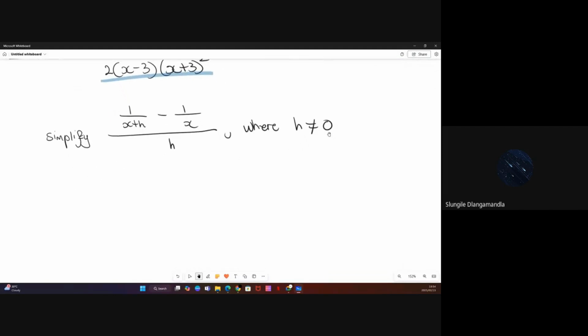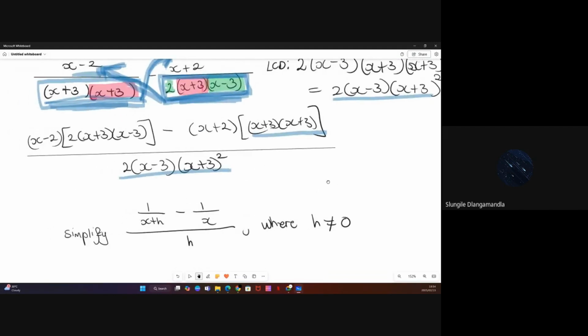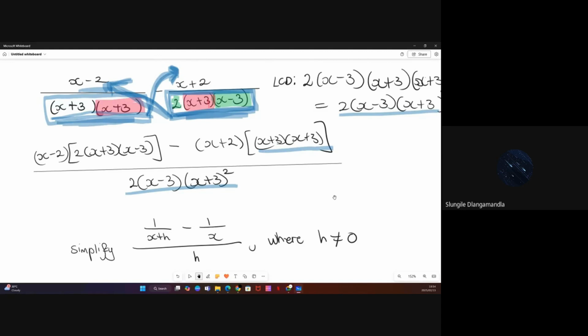Okay. So for a problem where you have maybe 2, 4, 8 in your denominator, what do you do? Please repeat. You have multiples of 2. You have 2, 4, 8. I'm not too sure what you're referring to.